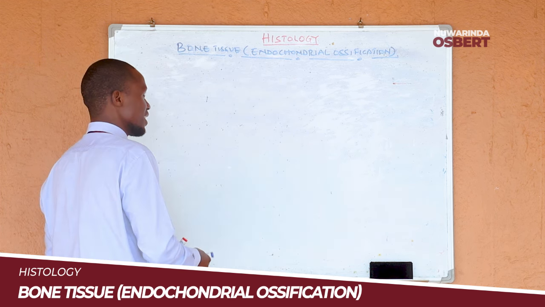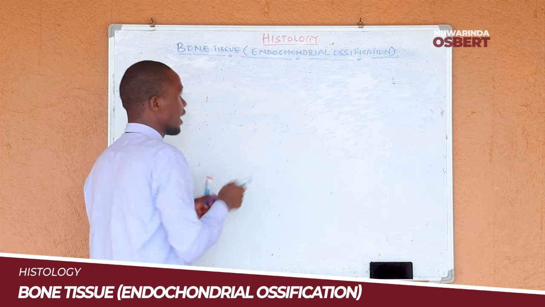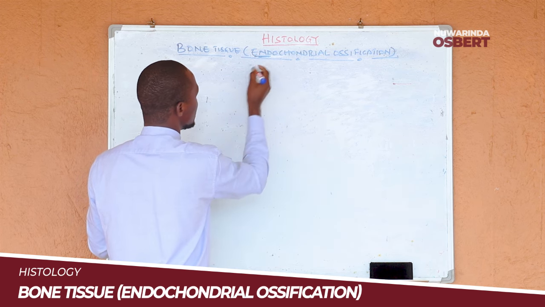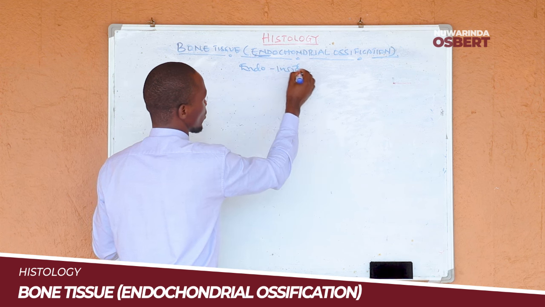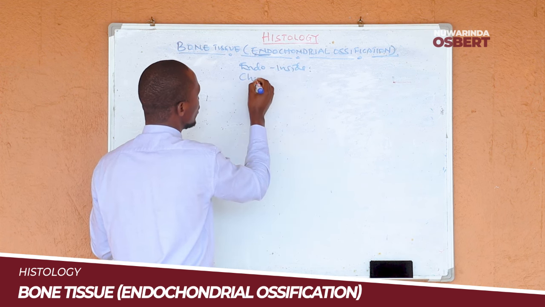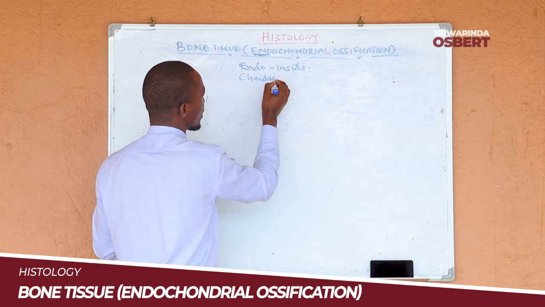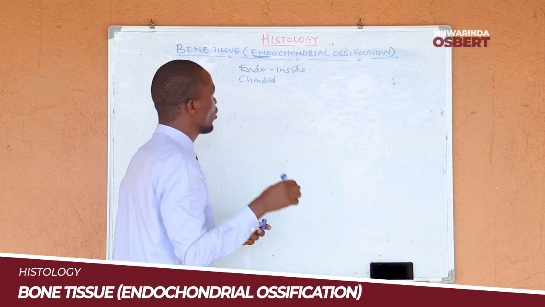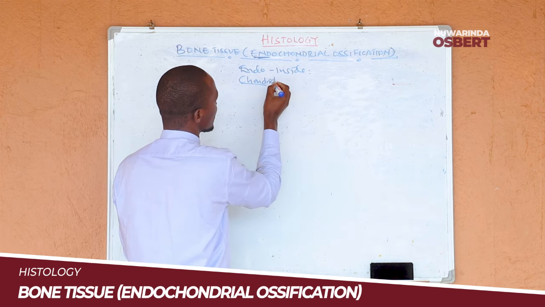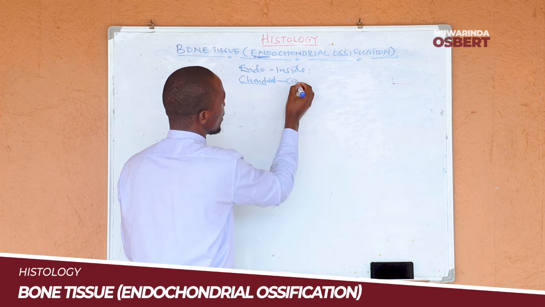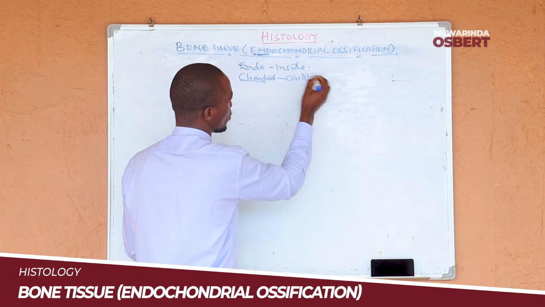The word endo means inside, as far as biology is concerned. Chondro, for those who have watched the previous video, you must have realized I told you has something to do with cartilage.